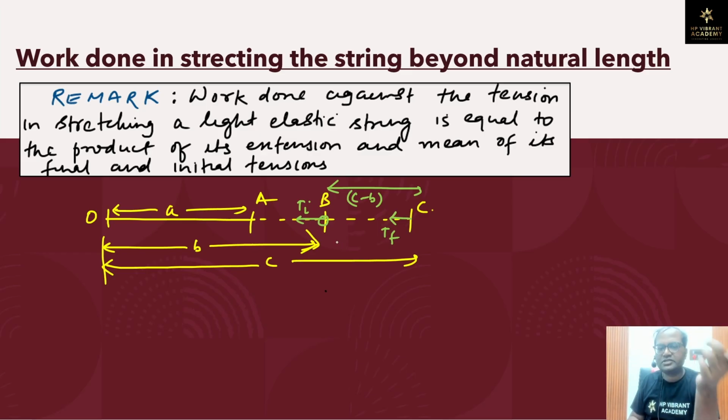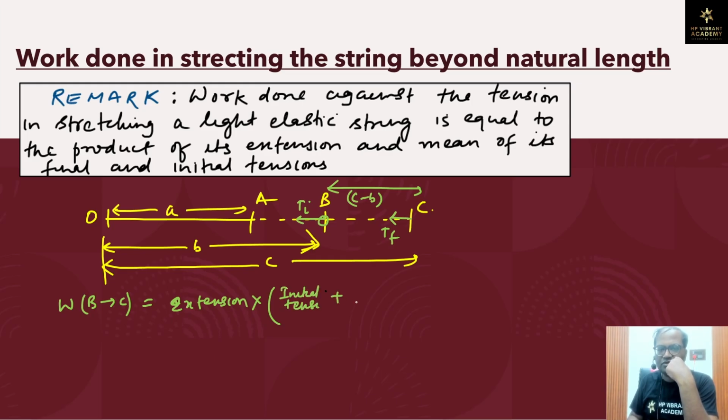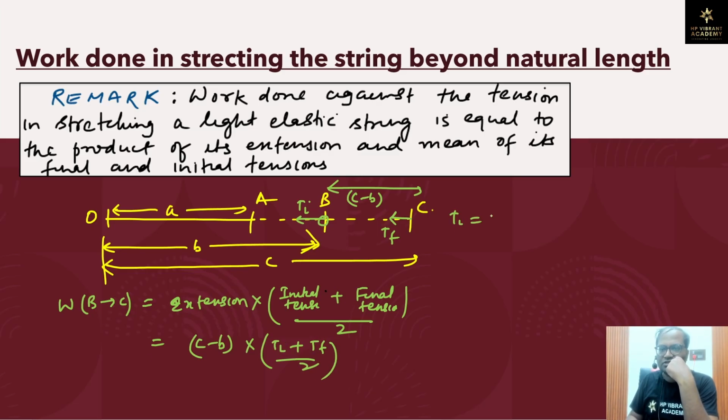So the work done in stretching the string from B to C is equal to the extension into the mean of the initial and final tension, that is, C minus B into Ti plus Tf upon 2. Ti is the tension at B and Tf is the tension at C.